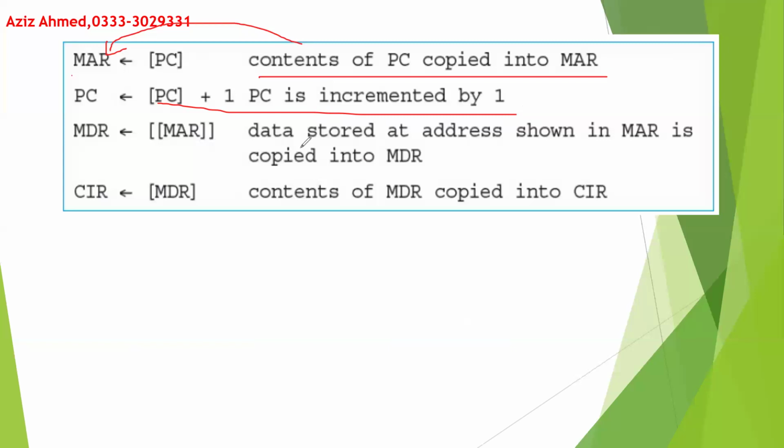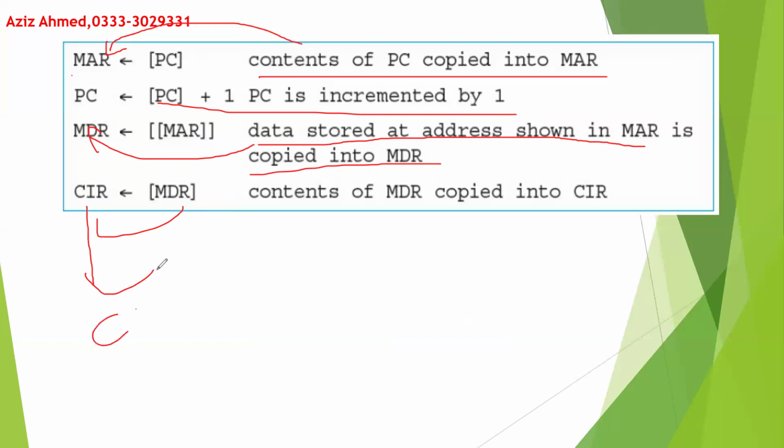What will happen? The data stored at the address shown in the MAR is copied into the MDR. From the MDR, it goes into the CIR. And from the CIR, the CPU works on it. Whatever data is held by the CIR, now the CPU works on it, maybe 2 plus 3 equals 5.